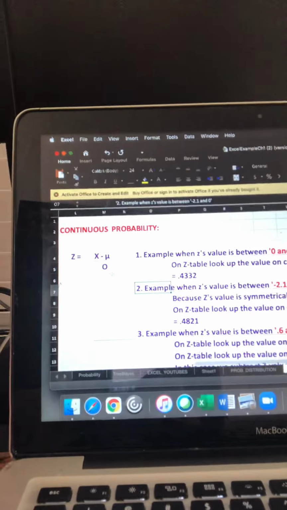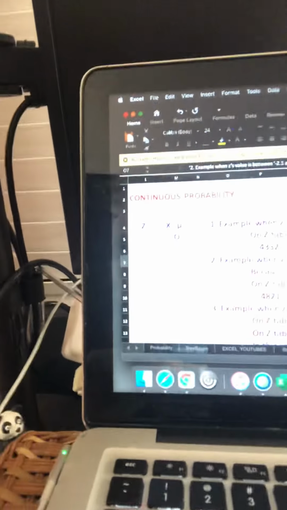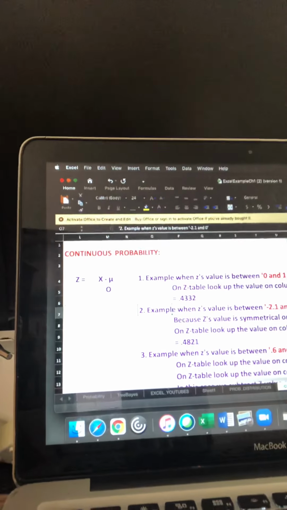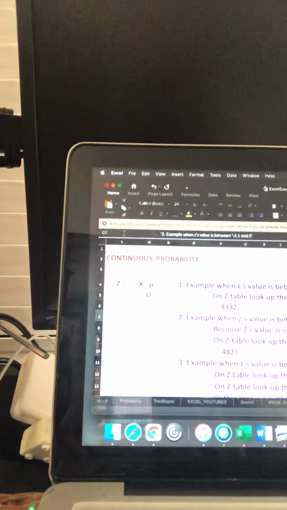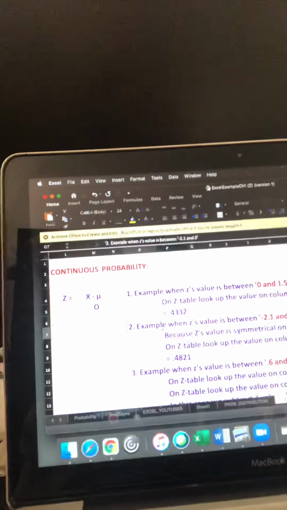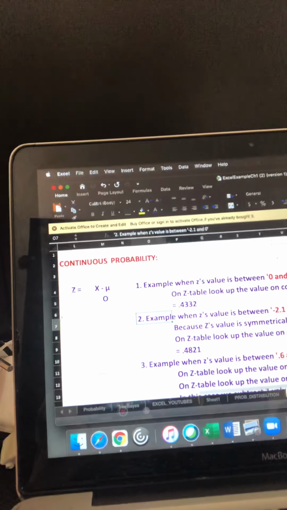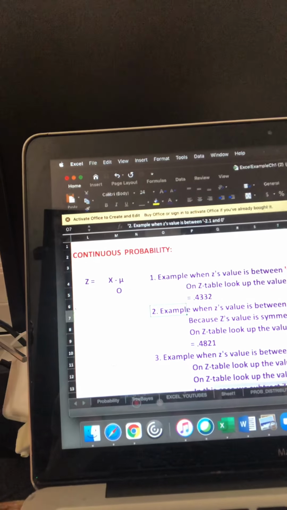So the continuous probability exercises we're looking at are for when we have a certain value for Z, and we're going to look at the Z table to figure out what those values are. For continuous probability, we use the formula Z equals x minus mu divided by sigma.